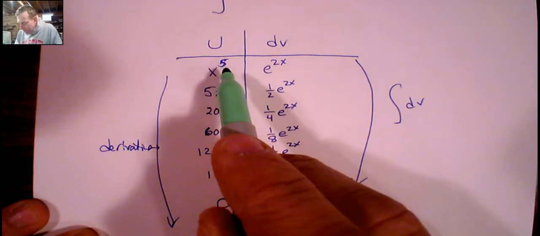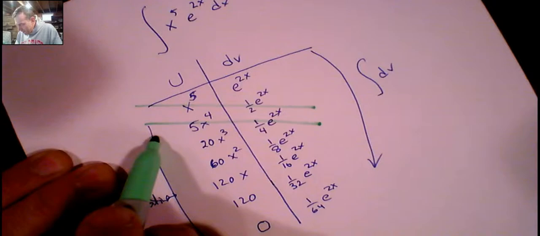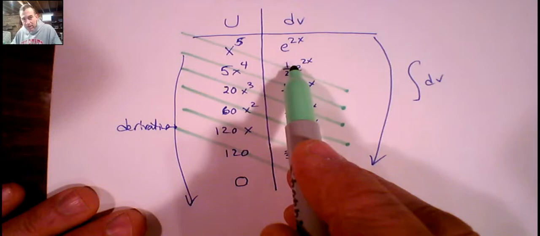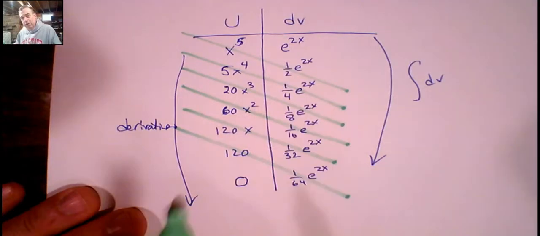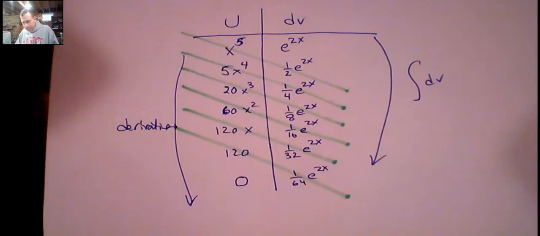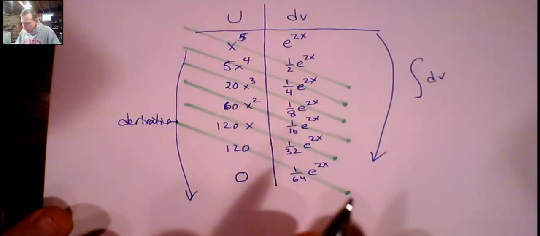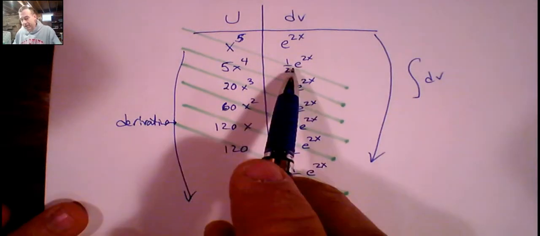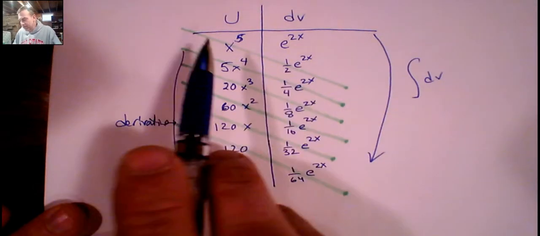The easy way to do this is just to draw diagonal lines through so that you have all of your u's and dv's matched up. Now there's one last thing to remember when you're doing this all in one, instead of one at a time, is that when you do u times v, then you subtract the integral of v du.